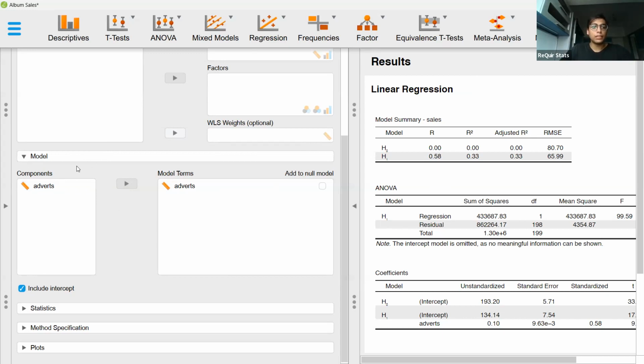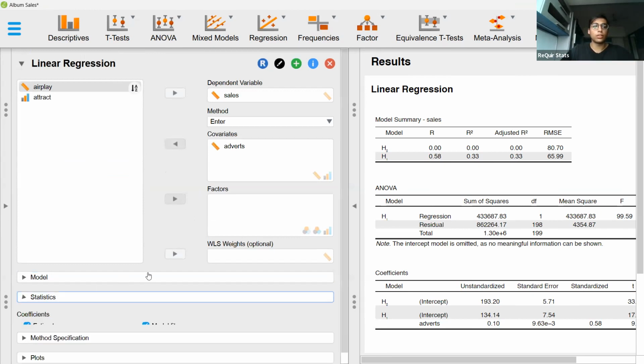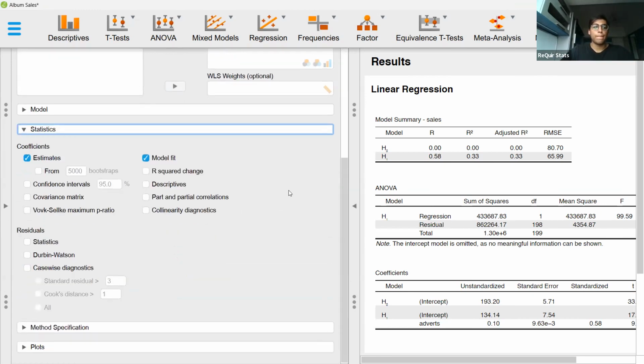So basically, for this session, this is not important. In the statistics dropdown, now this is very important because you have various options, test assumptions to get some statistics and so on and so forth.